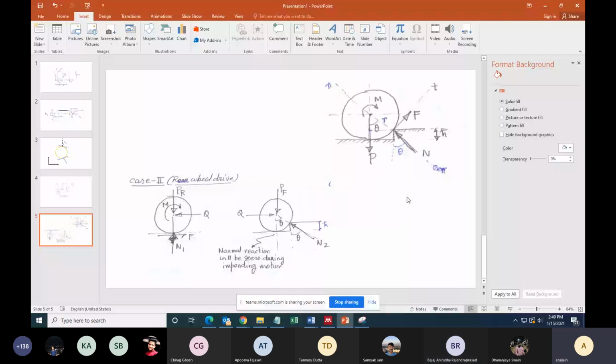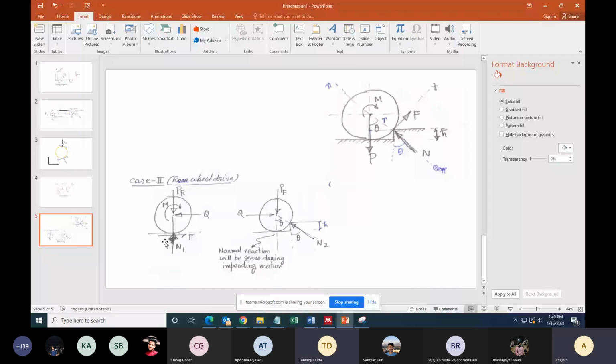Otherwise, if there is a force on the lower part of the wheel, like friction, then there should be a friction force to balance the torque. So since the friction in the back is the key factor, when the back wheel will start rotating, this has to start moving. So this friction is the limiting friction.